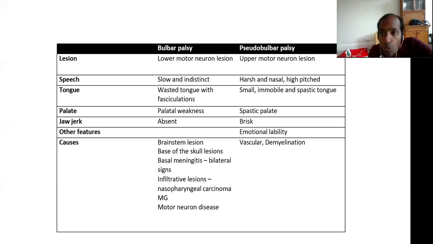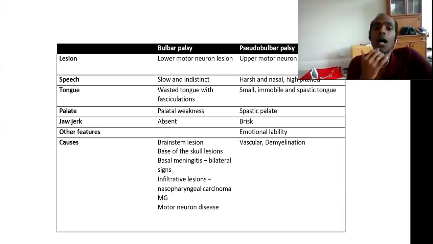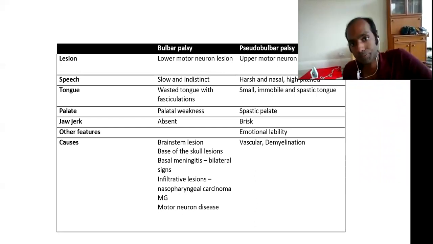Similarly, if it's a lower motor neuron type lesion, they get something called bulbar palsy. Lower motor neuron type, bulbar palsy. Classical features you will see in these are tongue wasting, fasciculations. Also palatal weakness you will see.